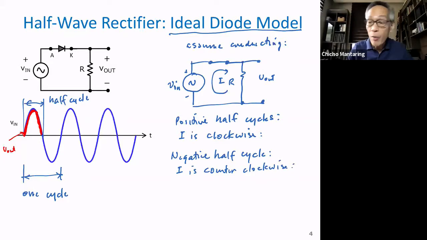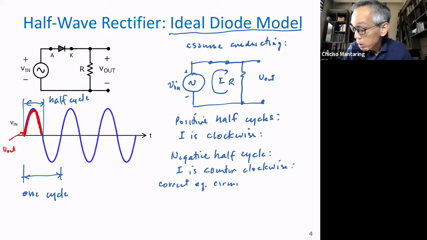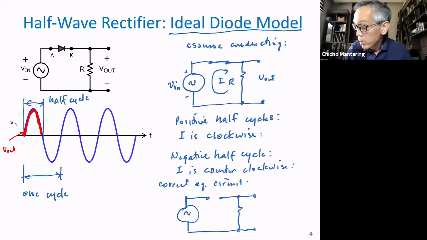So if it is counterclockwise, that means our assumption is wrong. So this is a wrong assumption. The correct equivalent circuit will be like this. It should be an open circuit. V in, plus minus, V out.